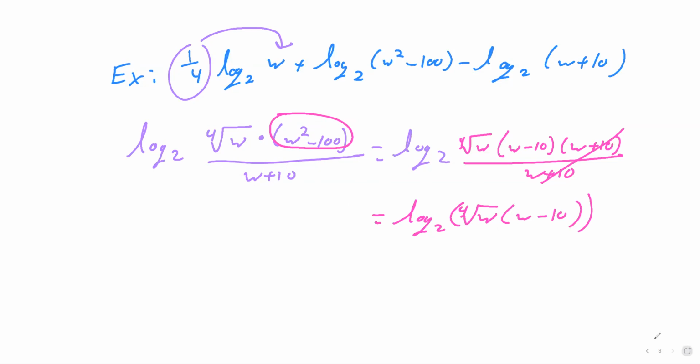So now let's talk about that change of base formula. If I give you something like this, log base b of 12, not the change of base formula yet, but I give you this information.